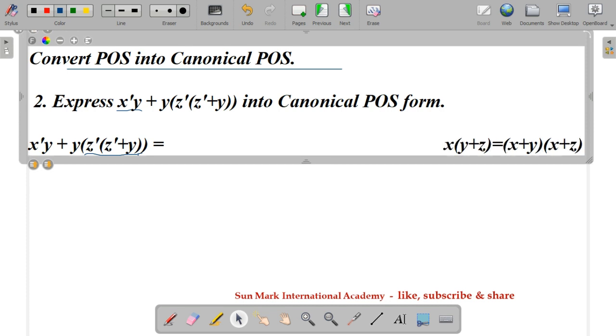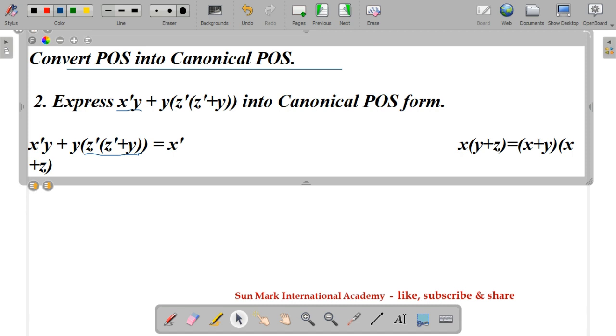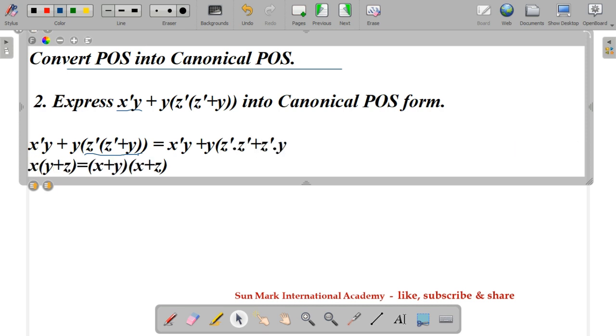So that one we are substituting here. So we will get x dash y plus y into z dash into z dash plus z dash into y.